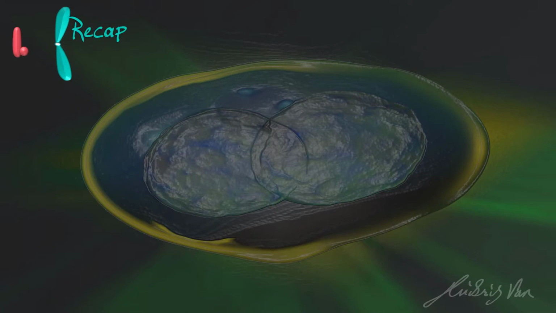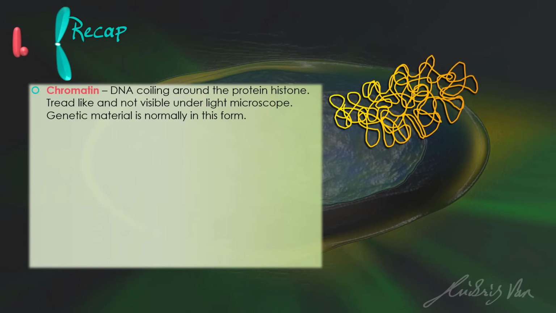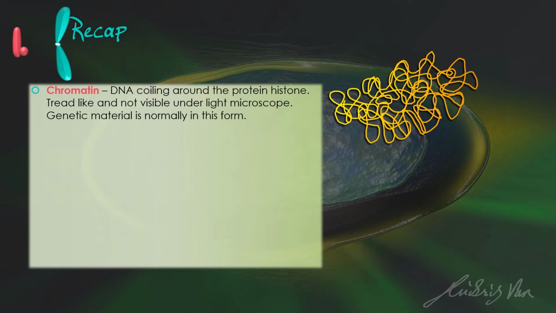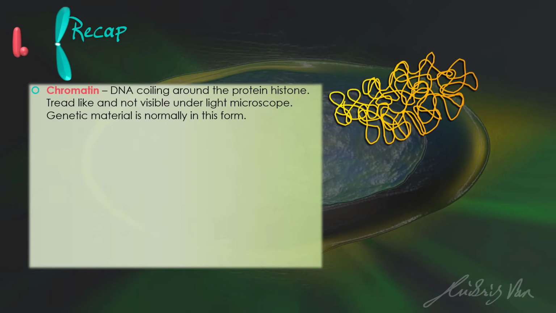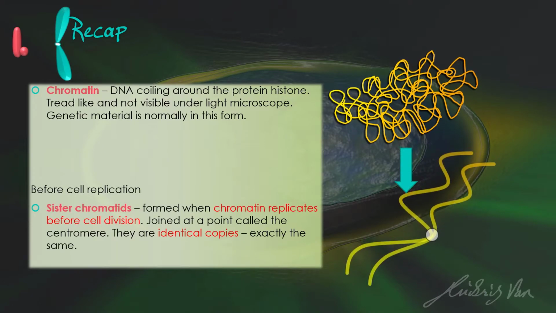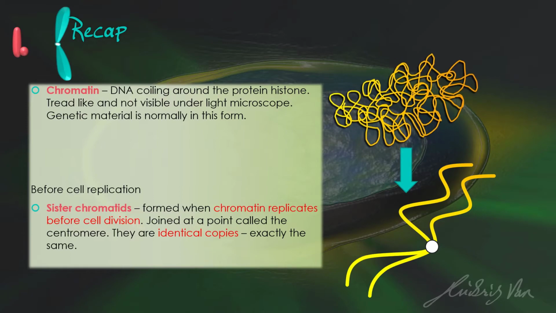Now, there's a lot of things to absorb, but let's put them in words. What we learned before is chromatin is basically DNA coiling around the protein histone. But just before the cell replicates or divides, the chromatin will copy itself.